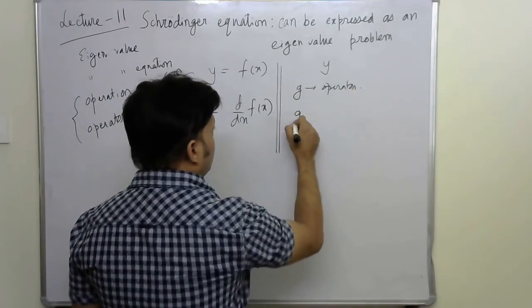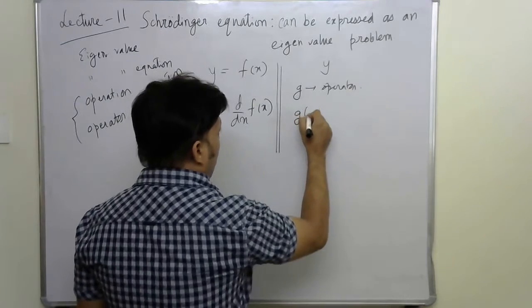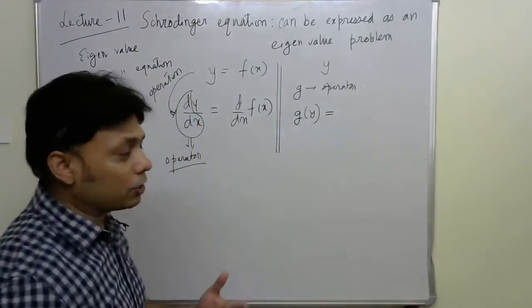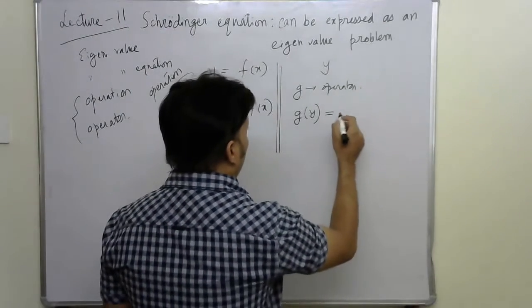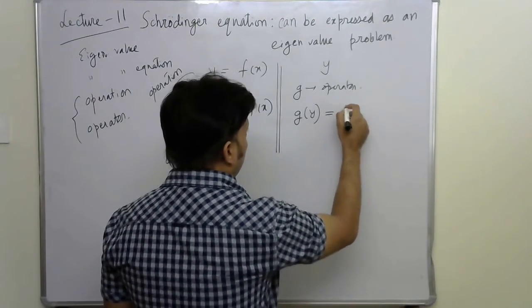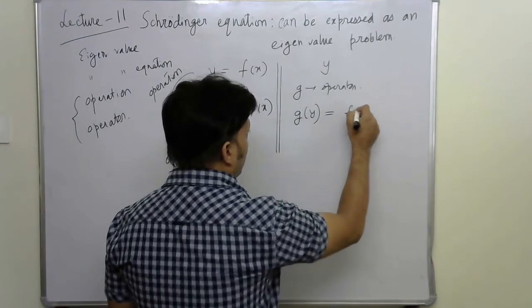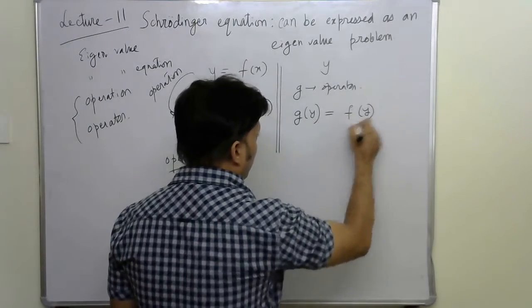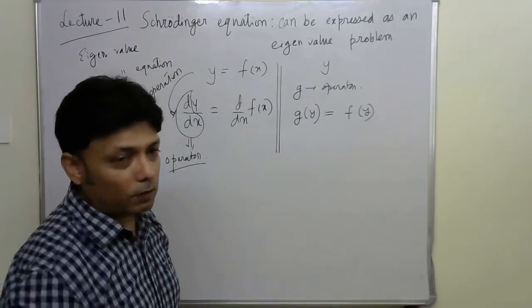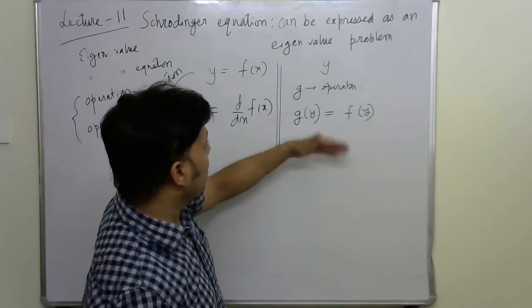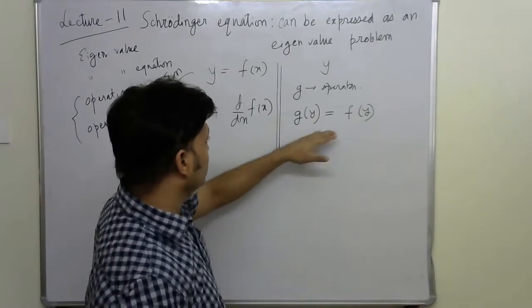If g gets operated on y, then we may find another function, which we can simply call f, and we get a function f(y).